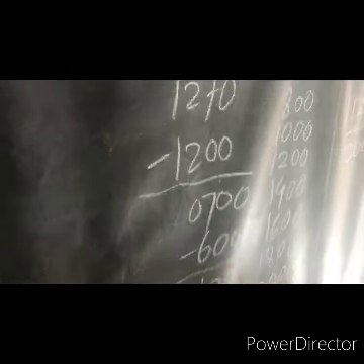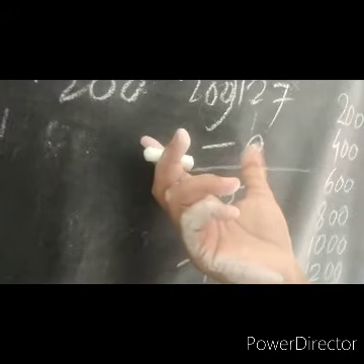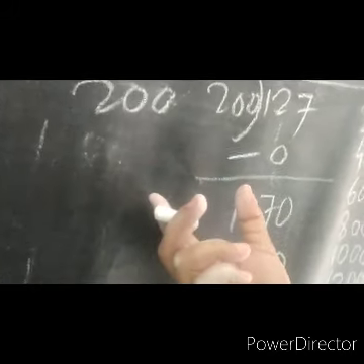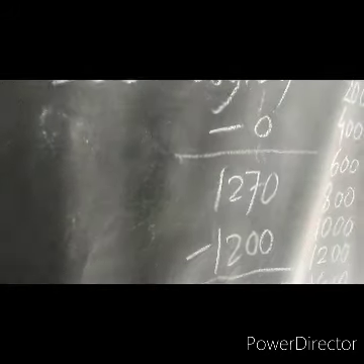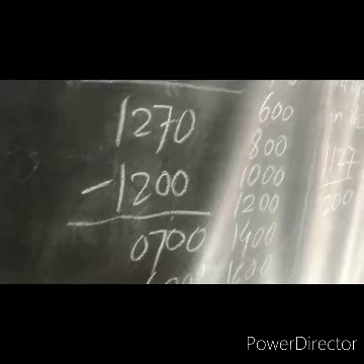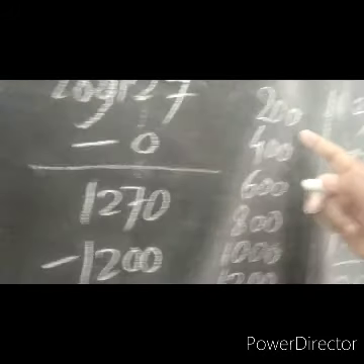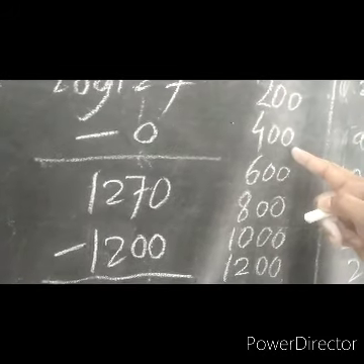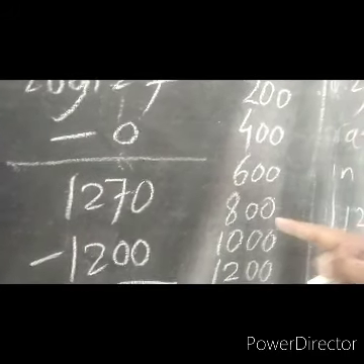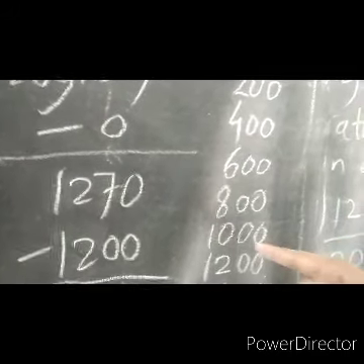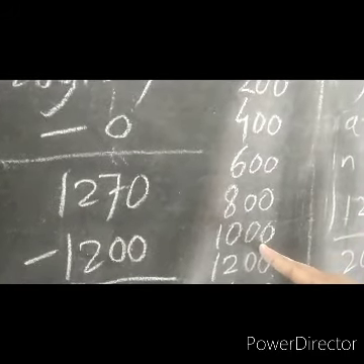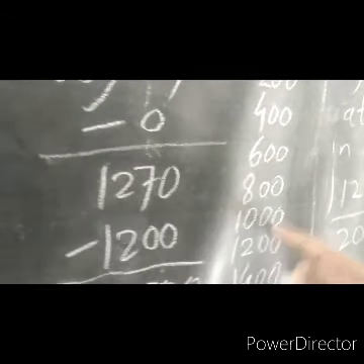Now again 100 is smaller than 200 and therefore we have to take 0, and see in the 200 table, 1000 is there. 200 ones are 200, 200 twos are 400, 200 threes are 600, 200 fours are 800, 200 fives are 1000.